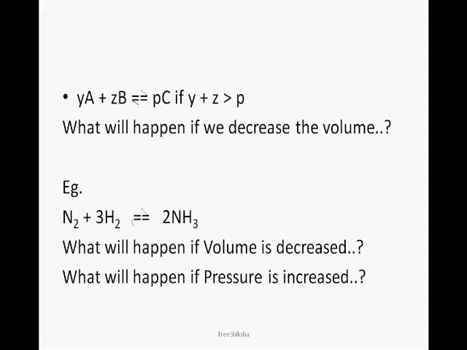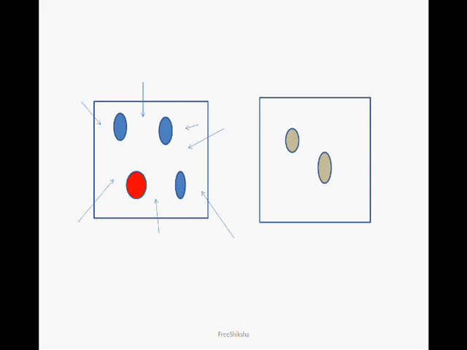PV = nRT is an equation, and we had seen that P is inversely proportional to V, and hence if we increase the pressure, that means the volume is decreasing. So when the volume is decreasing, our question boils down into the previous question itself. So if we are increasing the pressure, volume is decreasing. So again the reaction will start happening in a forward direction.